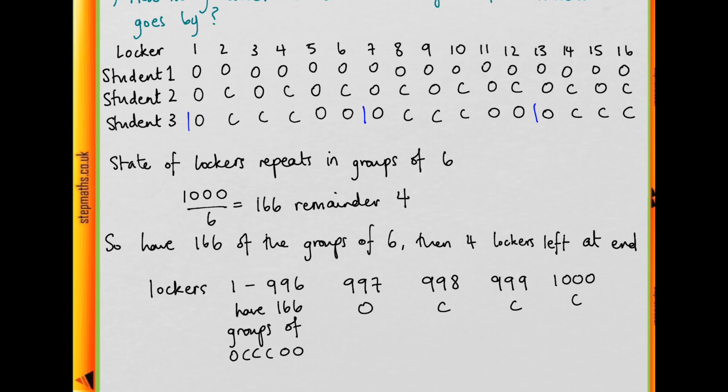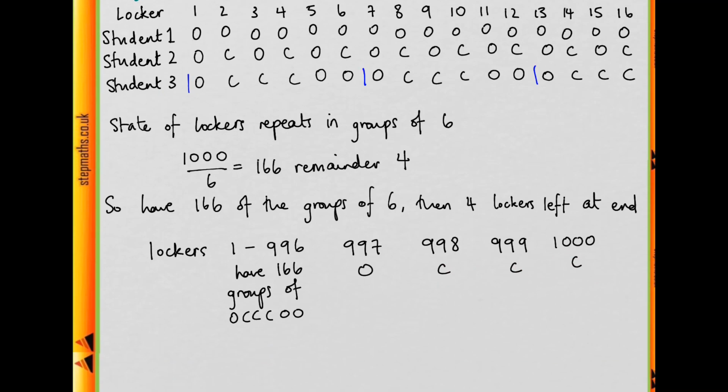So for the first 996 lockers, we have 166 groups of the OCCCOO pattern, and then after that the pattern is going to start again. So locker 997 is open, 998 is closed, then closed, then closed.